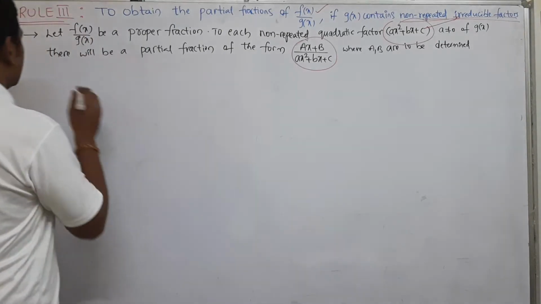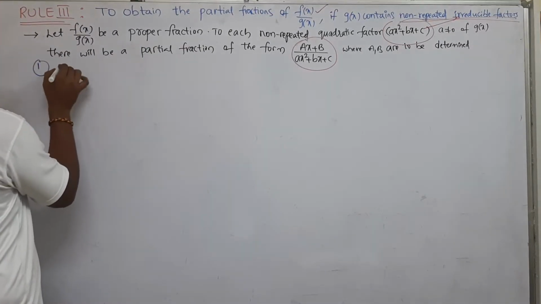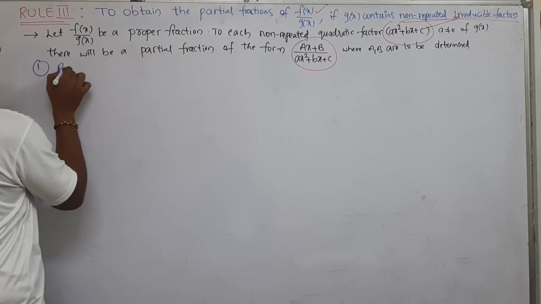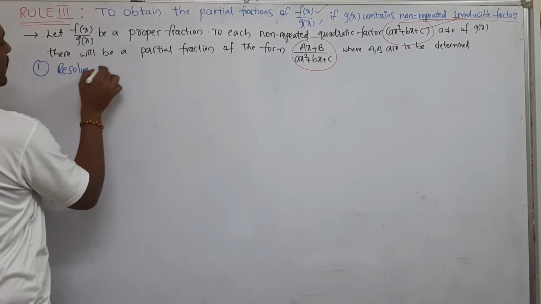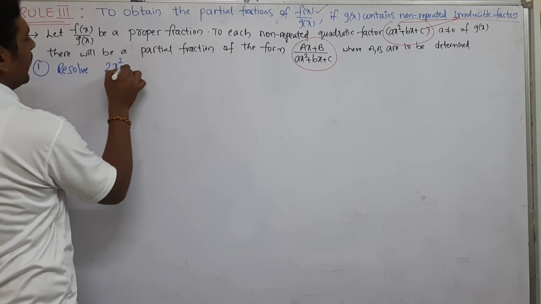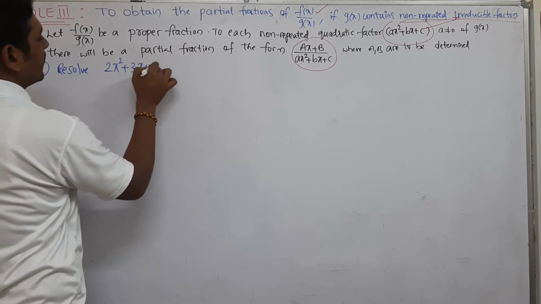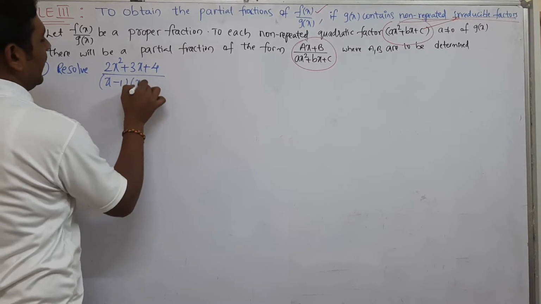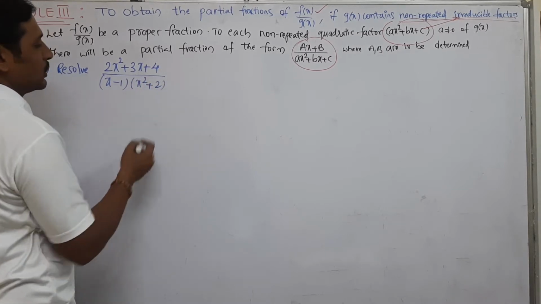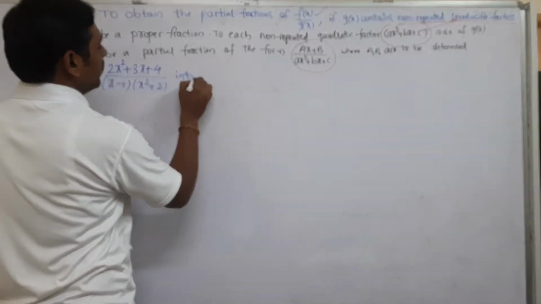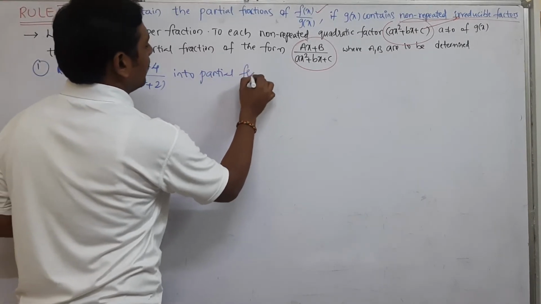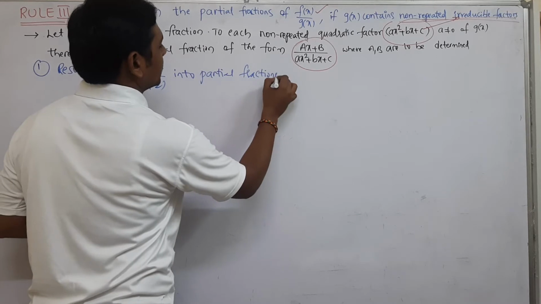Suppose we are asked to resolve 2x square plus 3x plus 4 by x minus 1 into x square plus 2 into partial fractions.